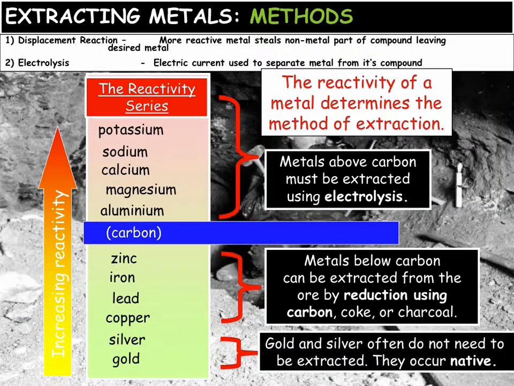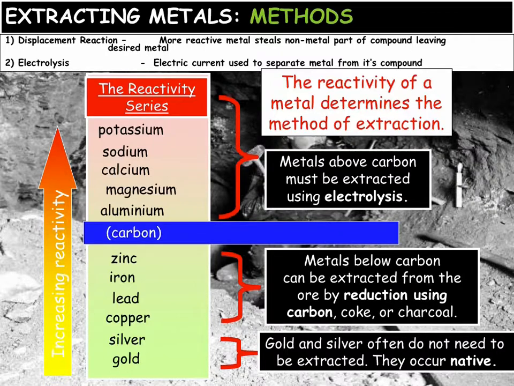How we extract a metal depends on its position on the reactivity series. Silver and gold at the bottom, the least reactive metals, are often found natively, as in they are found as a pure metal and do not need to be extracted. All of the metals below carbon can be extracted using reduction, which this tutorial video will focus on.